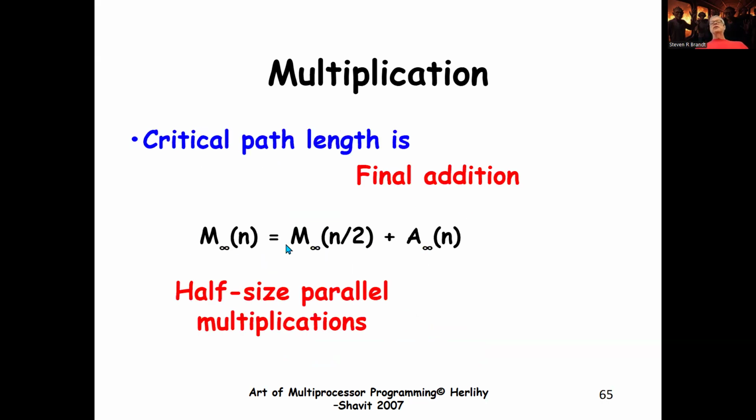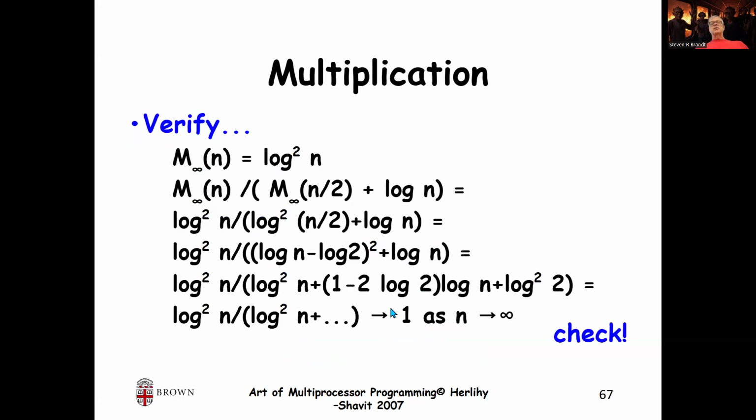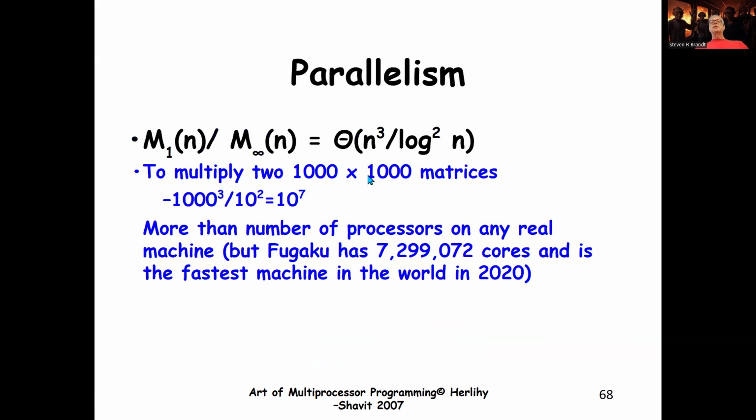And then the M infinity is going to work similarly. We're going to have M infinity of n equals M infinity of n over 2 plus A infinity of n, because it has to have the additions. And that becomes log squared n. And that checks. And so the parallelism for matrix multiplication goes as order n cubed over log squared of n.